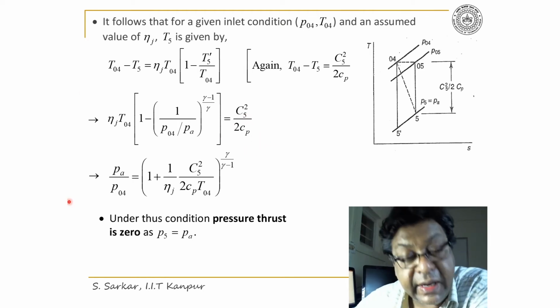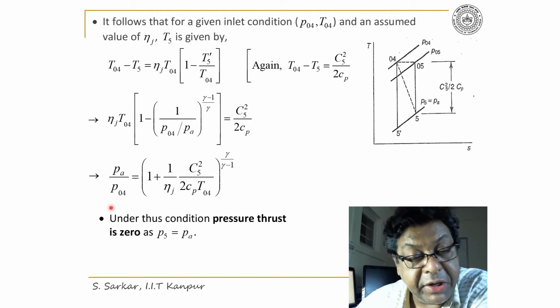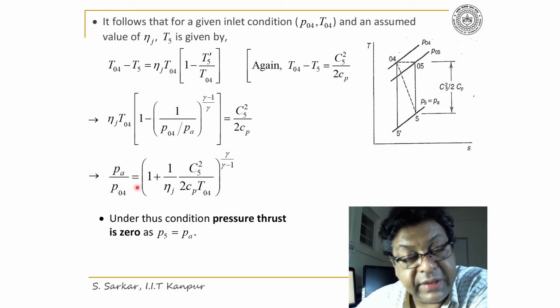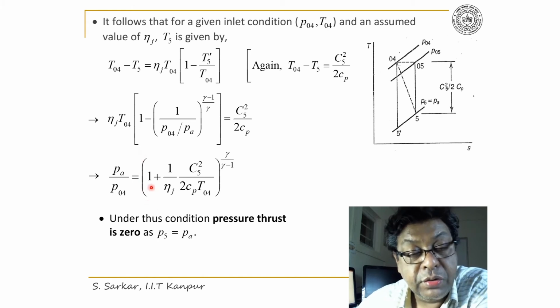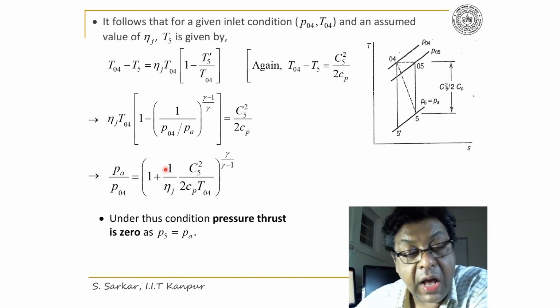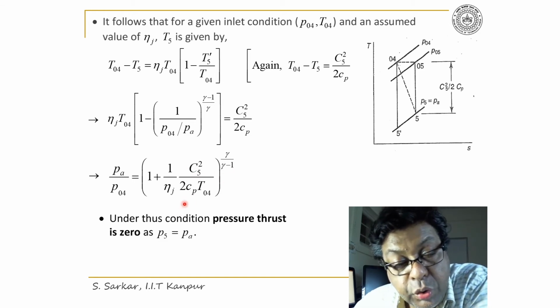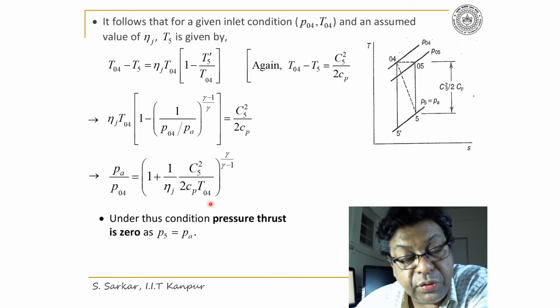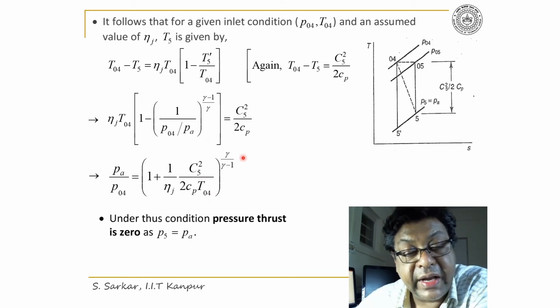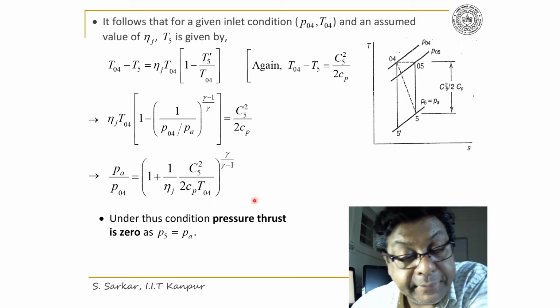Thus, I can evaluate the pressure ratio P04 by Pa as equal to 1 plus 1 by eta J into C5 squared divided by 2 Cp into T04, to the power gamma by gamma minus 1.